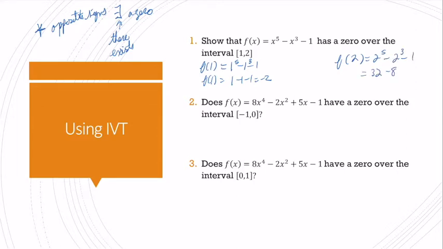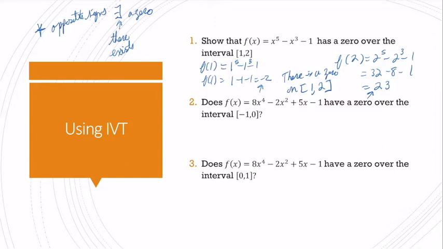So I have 32 minus 8 minus 1. That's going to give me a positive 23. So because f of 1 has a negative sign and f of 2 is positive, there is a 0 between the two. There is a 0 on the interval 1 to 2.